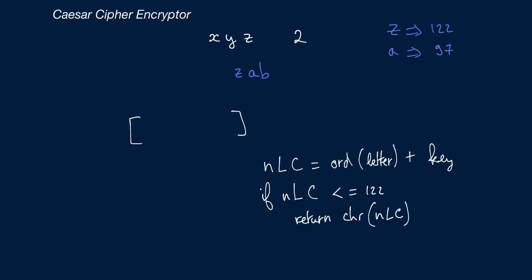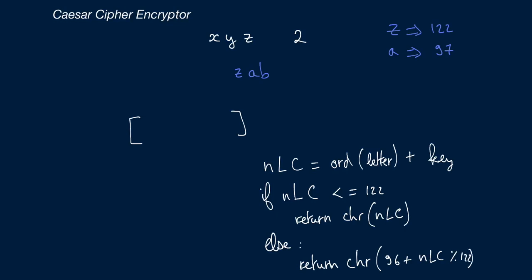Otherwise, you return the chr function of 96 plus NLC mod 122.